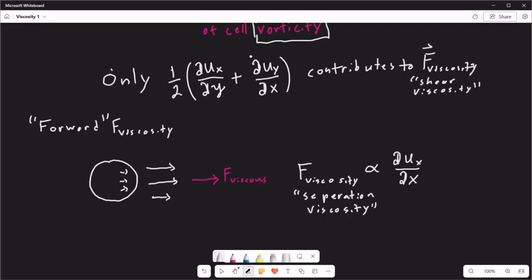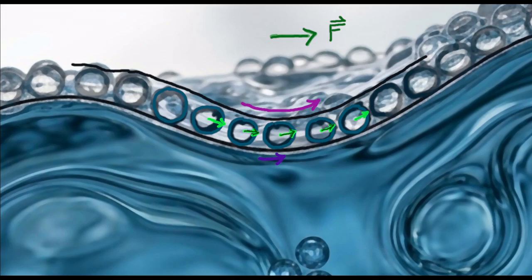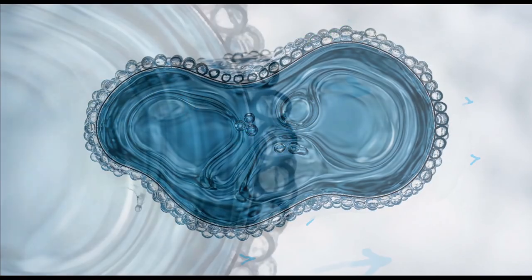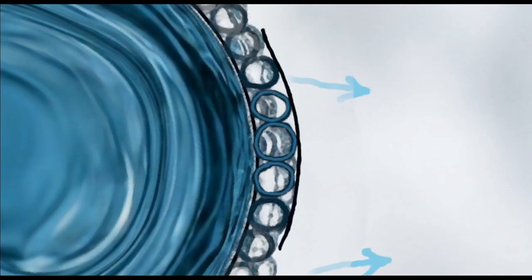So, go back out. So this is the front of the blob, and so there's a higher velocity flow on the right side, which is outside of the blob, and there's a lower velocity flow going through the skin on the inside of the blob.